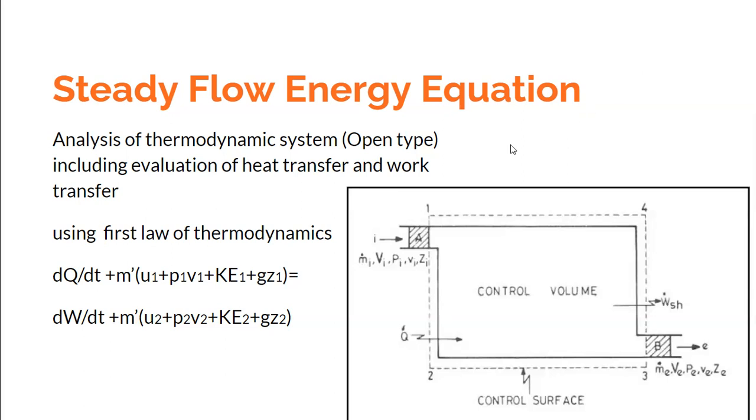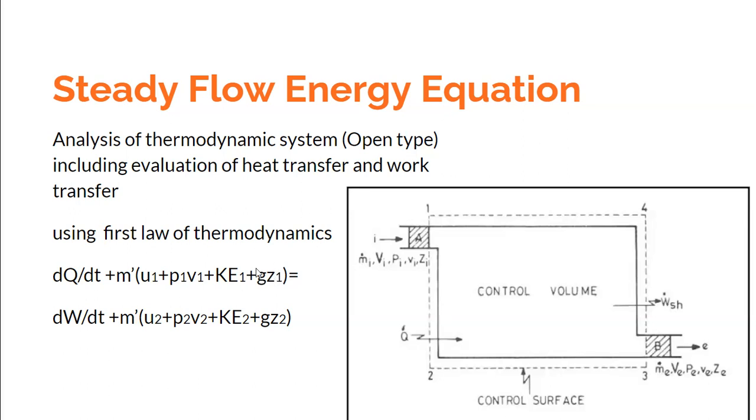What you see over here is the internal energy U1, then the flow work P1 V1, which is nothing but the energy required to push the mass into the control volume. Then the kinetic energy because of the velocity of the stream entering the control volume, represented by half C1 square, and the potential energy g Z1, where Z1 is the elevation.